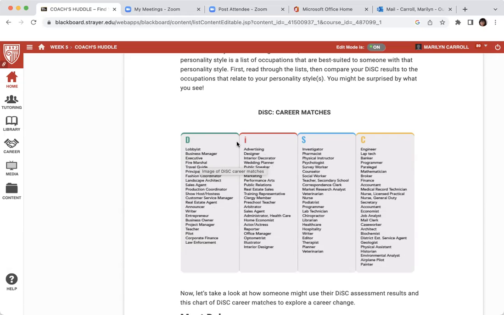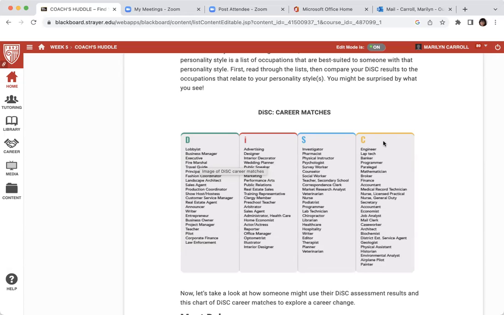And then our salespeople. I saw creative and sales type people under I. Under S, you have investigator, pharmacist, physical instructor, psychologist, survey worker, counselor. So you have a lot of the people skill type people over here that are counseling and looking into people and helping people move out of whatever predicament they're in.